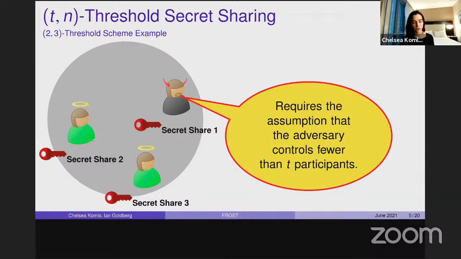Something that's really fundamental to threshold schemes is that they require the assumption that the adversary controls fewer than T participants. That's a really important security model you're working within in secret sharing schemes: so long as the adversary controls fewer than the threshold, the scheme is considered to be secure.